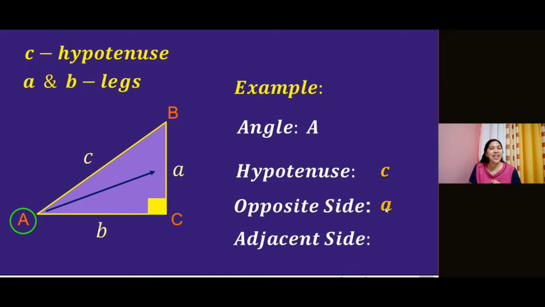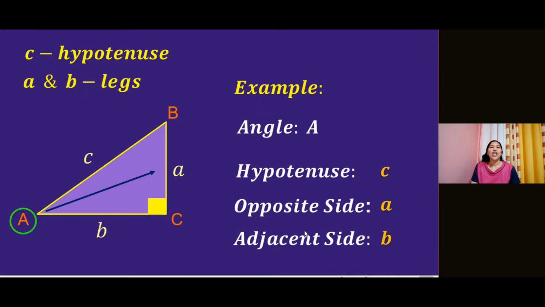Now, when we say adjacent side, that is the side next to your angle. Now, take note, this is our angle of reference. The side next to your angle can be C or B. Take note, C is our hypotenuse. Therefore, B here is our adjacent side.